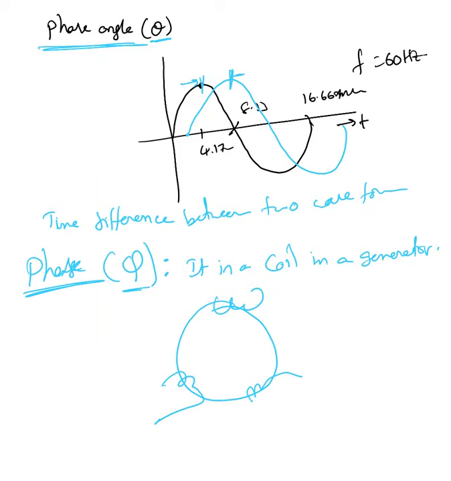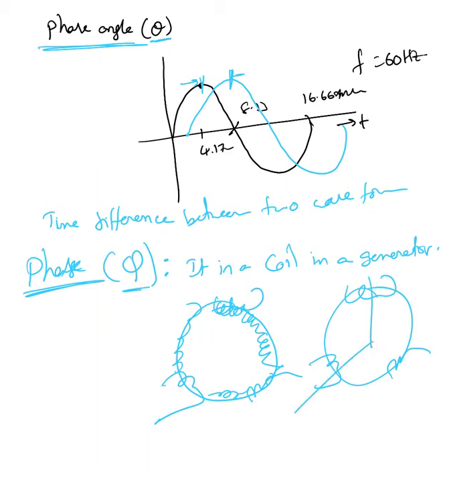I'm showing you only three. In reality, there will be more coils connected in series or parallel combination, based on the requirement. All the coils are spread all over here, but I'm representing all of them as three coils. So phase is nothing but a coil in a generator.